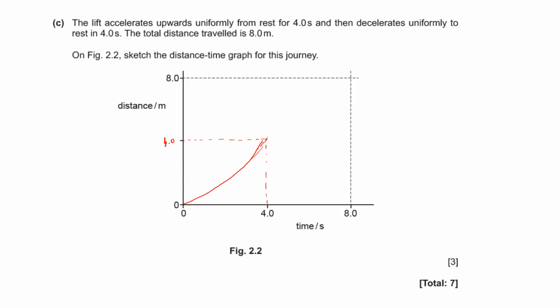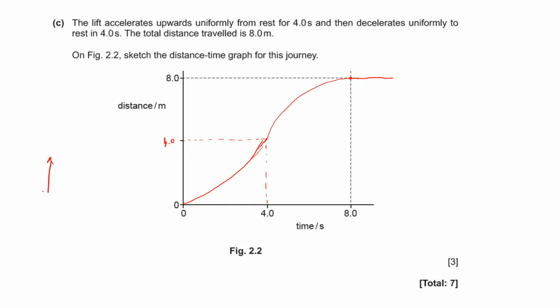So this is a uniform acceleration curve, and then it decelerates uniformly. It goes something like this. This is a deceleration curve. Eventually after 8 seconds, the distance traveled is 8 meters, and after 8 meters it becomes flat. So no further distance is traveled, and the body is at rest.